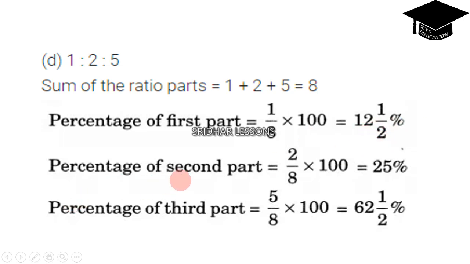Similarly, the percentage of second part is equals to 2 by 8 into 100. This is equals to 25%. And if you can observe, the percentage of third part is equals to 5 by 8 into 100. Upon cancellation we can write this as 62.5.